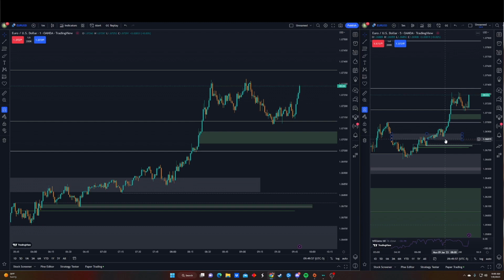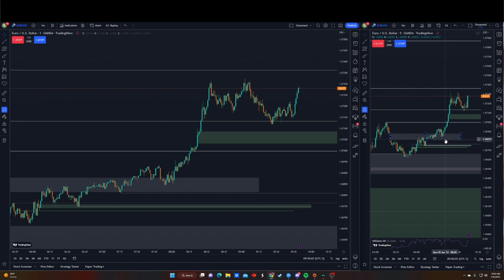CPI is on Thursday, so we may sit out Wednesday, depending on the market conditions during that time. Thursday, we will not open a trade before 8:30 a.m. just because of CPI, but expecting volatility on that day.